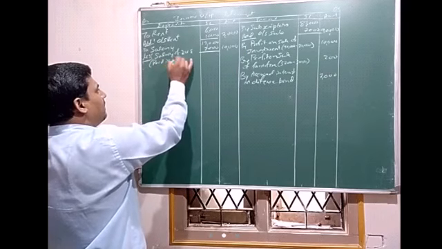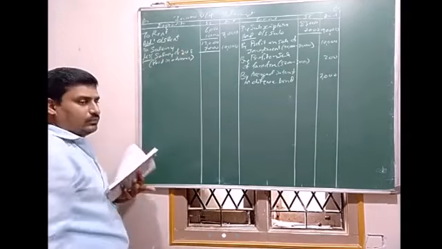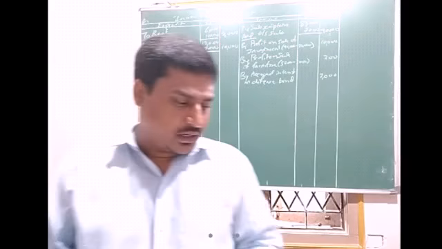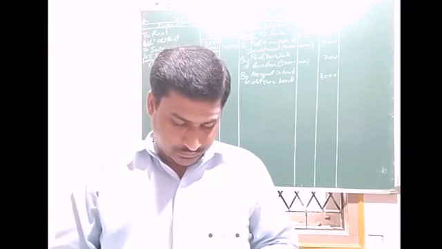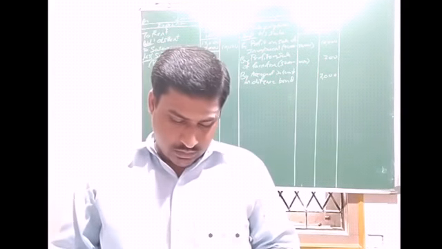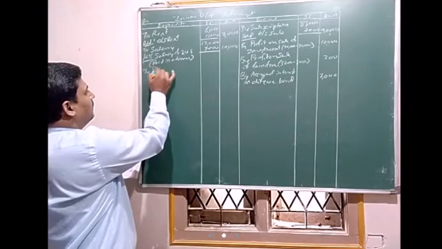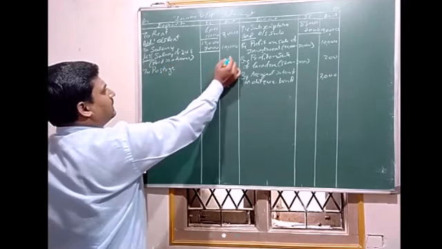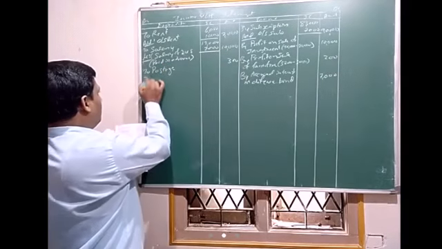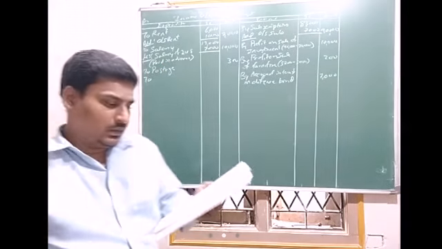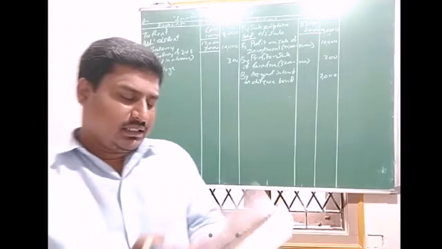Salary paid in advance. Next, postage. To postage 300. Next, electricity charges 6,000.